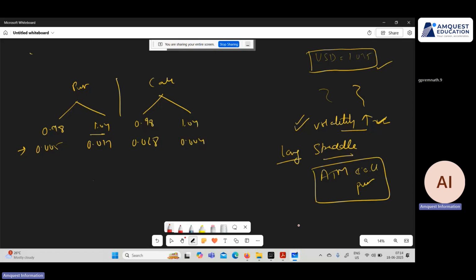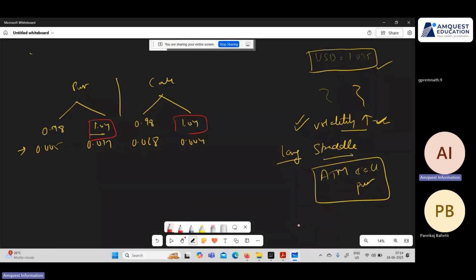Just to ensure this, we are not really trying to create spreads here, which means that there is no way that I'm trying to save my cost by buying at a lower or higher strike. The idea of a straddle is that we try to buy both call and put at the ATM. So I'm going to choose the same strike price for this, and I will be paying overall 1.017 plus 0.004.